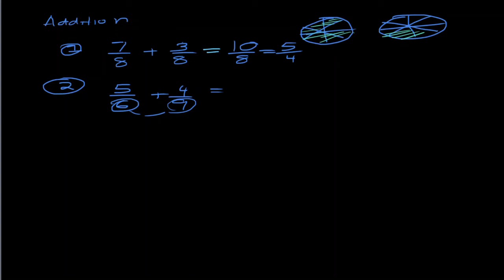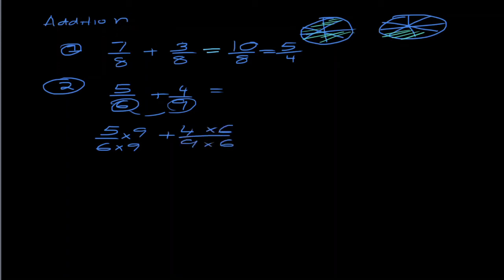So you would multiply 5 over 6 times, sorry, you would do the numerator 5 times 9, and the denominator 6 times 9, and then you have 4 times 6, and down here you have 9 times 6.